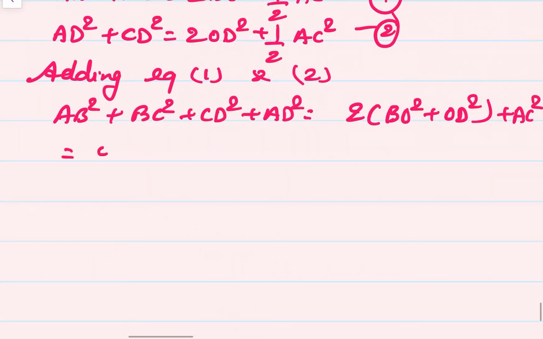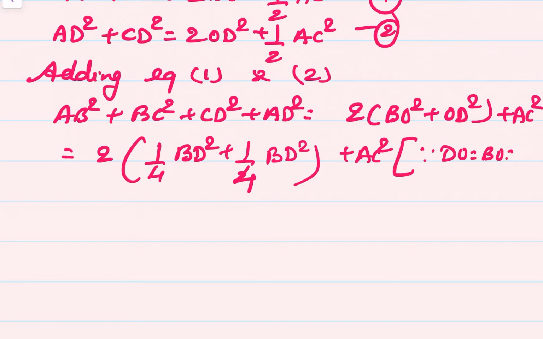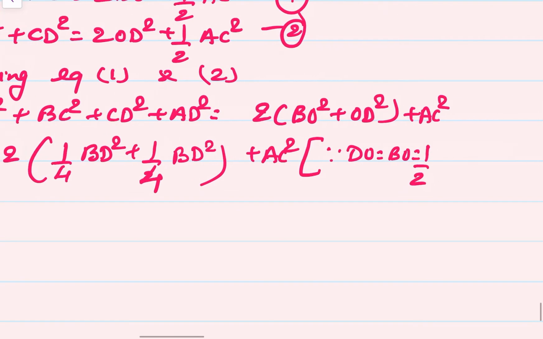So which is equal to 2 into 1 by 4 BD square plus half BD square plus AC square, because DO is equal to BO is equal to 1 by 2 BD.